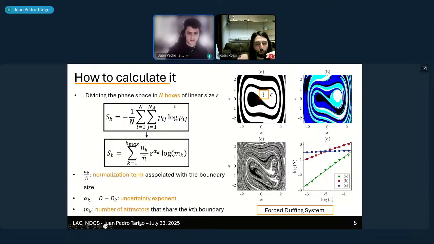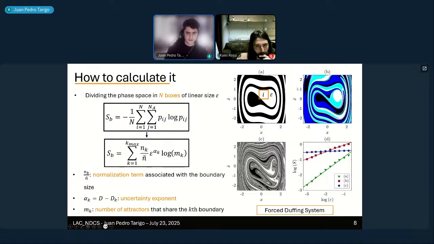Making some assumptions, Daza shows in his paper that Bayesian entropy can be written like this. Before, this was a sum over boxes. Now this is a sum over frontiers, over Bayesian boundaries, and this first term is associated with the boundary size.